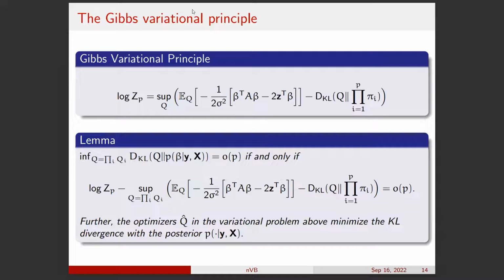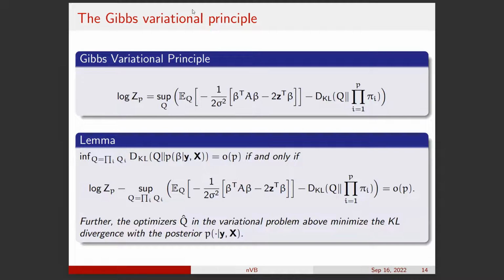Okay, so the reason why I go about this in a roundabout way, and I hope I'll convince you soon that this is worthwhile, is that now you have some non-trivial approximation for the log normalizing constant for the posterior. And the crucial takeaway is that if I can compute an approximate optimizer for this problem, then I have the optimizer in the KL divergence minimization problem.